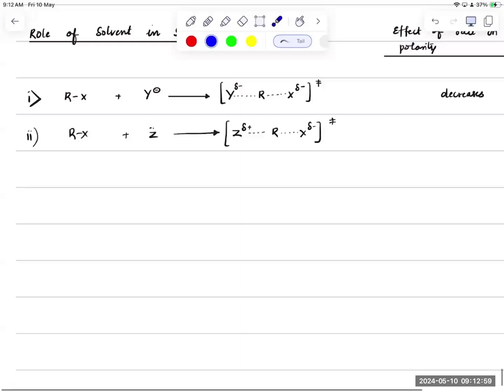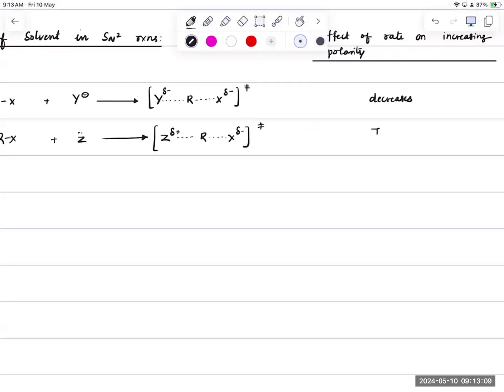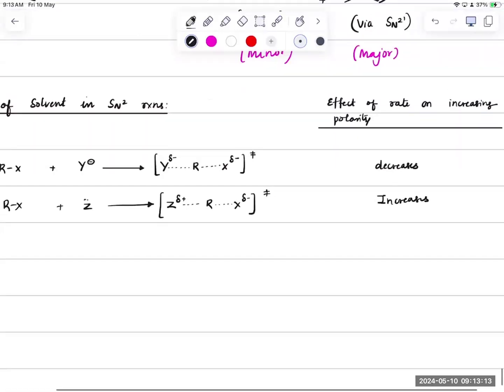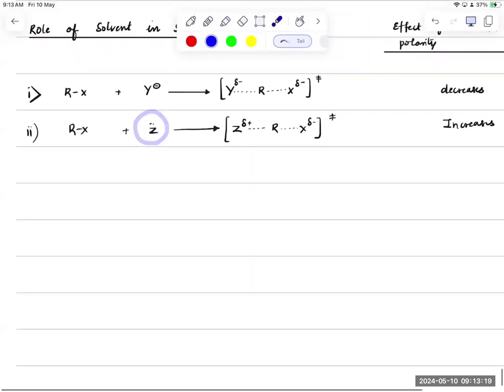But since the transition state has positive and negative charge, increasing polarity helps it develop more and more positive and negative charge. So what happens to the rate now? It increases. The rate of SN2 increases in polar solvents if your nucleophile is a neutral nucleophile.